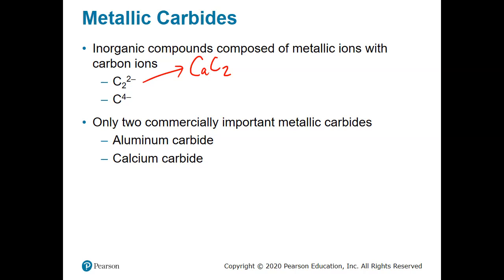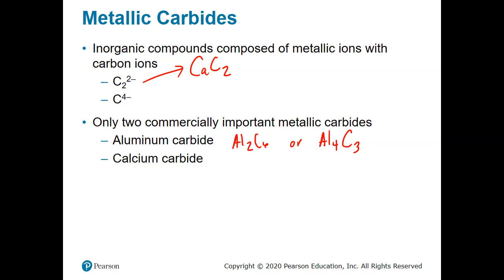Of all the carbides that are available, really only two of them are particularly known to us and considered to be on the more dangerous side. We have aluminum carbide. Aluminum carbide is in one of two forms. It is either Al2C6 or Al4C3.